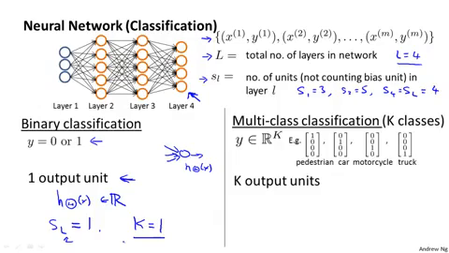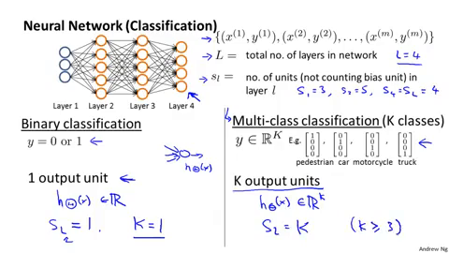The second type of classification problem we'll consider will be the multi-class classification problem, where we may have K distinct classes. So our early example had this representation for y if we had 4 classes, and in this case we would have capital K output units, and our hypothesis will output vectors that are K-dimensional, and the number of output units will be equal to K. Usually we would have K greater than or equal to 3 in this case, because if we had 2 classes, then we don't need to use the one-versus-all method.